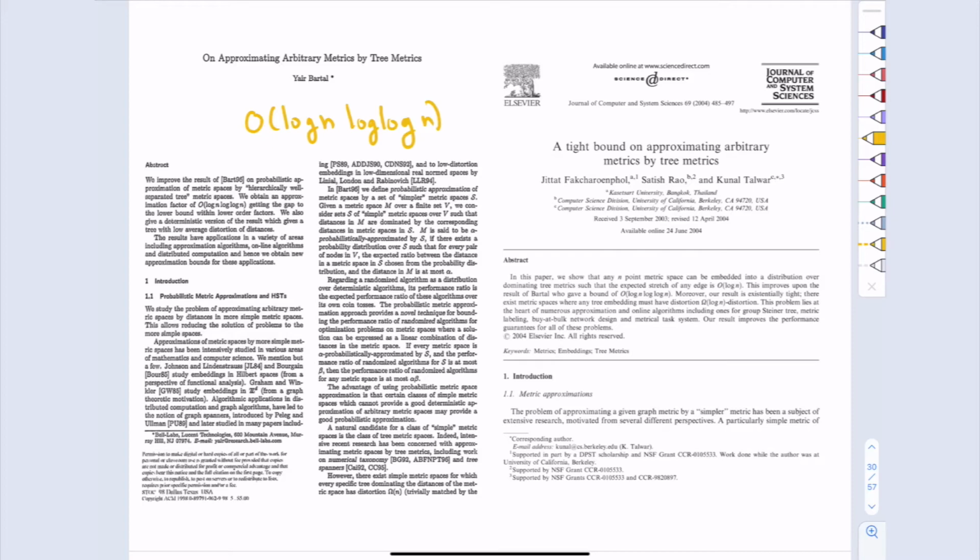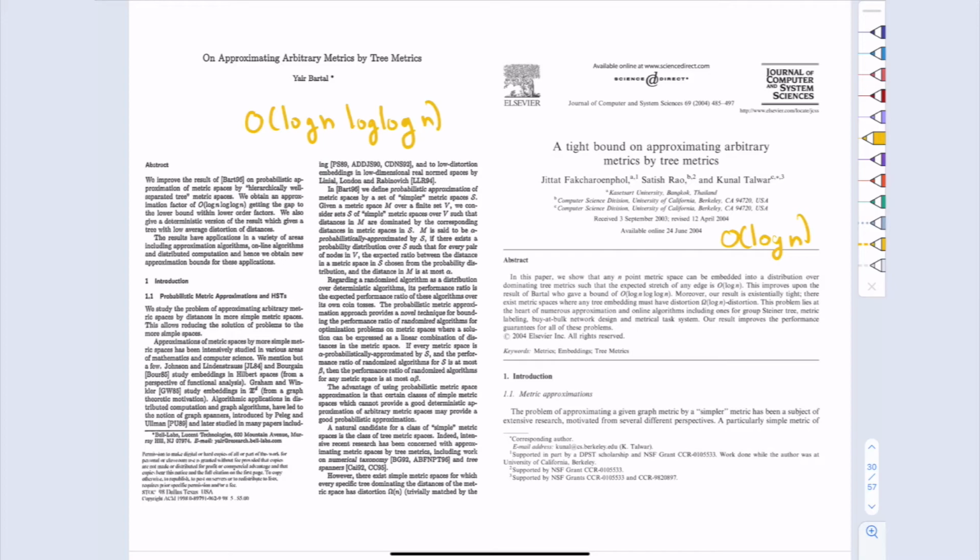And then a follow-up paper a few years later was able to go from log n log n and get rid of that pesky log n, and get log n bounds for all sorts of approximation. And log n was known to be the lower bound as well. You can't do better than log n.